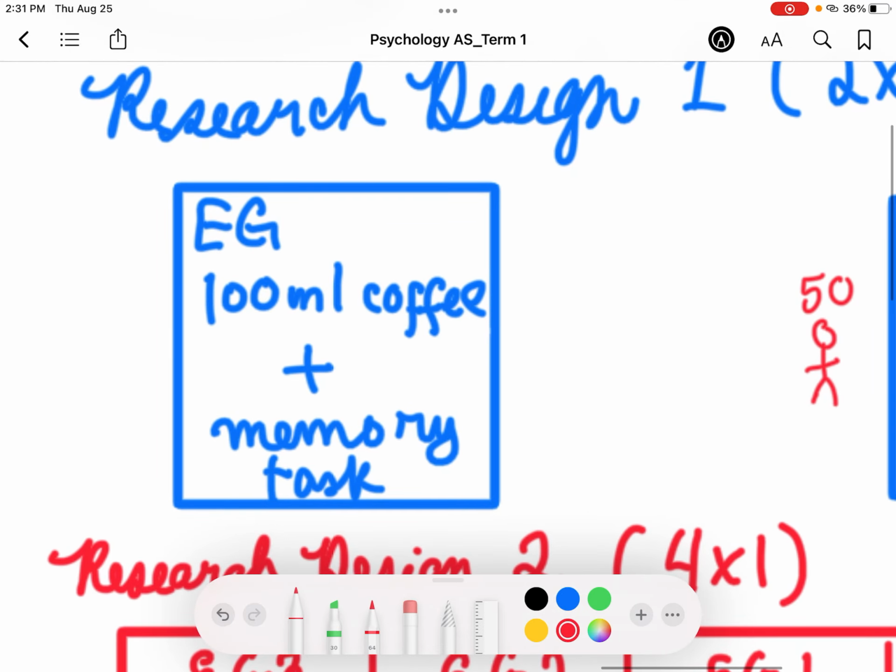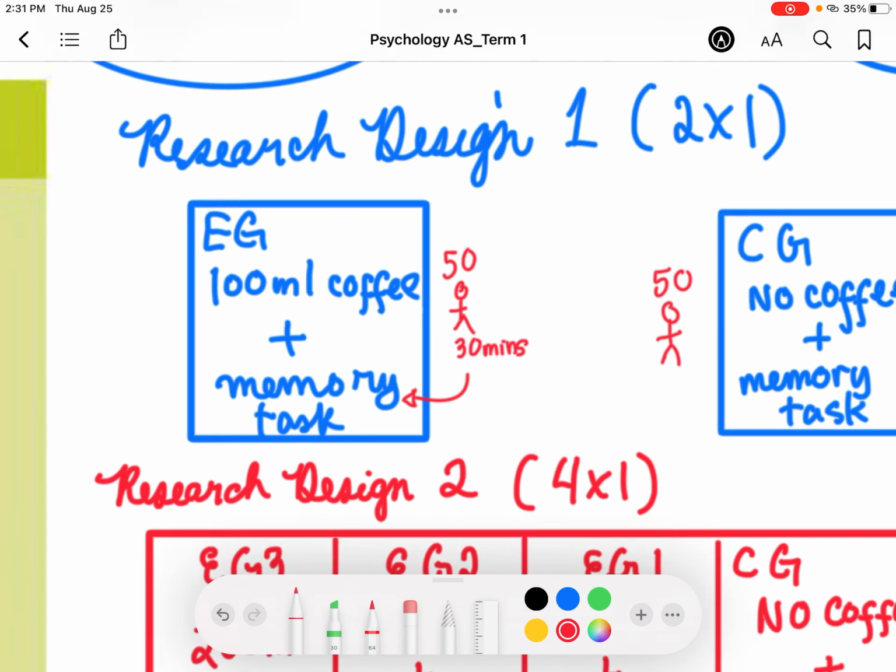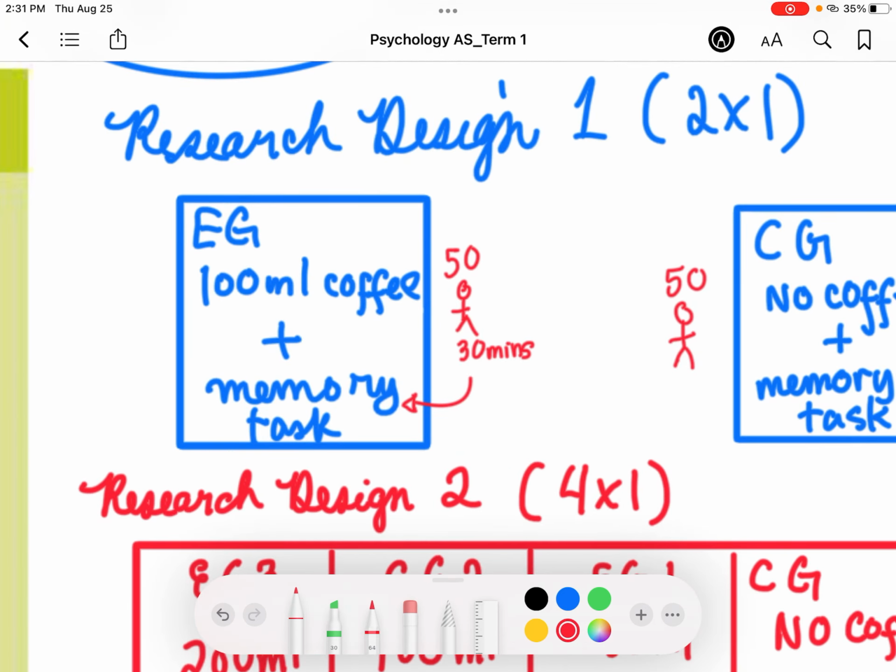In the other group, the experimental group, 100 ml of coffee for the 50 randomly assigned participants. You make them wait for 30 minutes so that it enters their system, their brain, their body, and then they take the memory task. That's about it. And then you measure the score, a number of items correct, and then compare if there's a significant difference between the 2 scores.